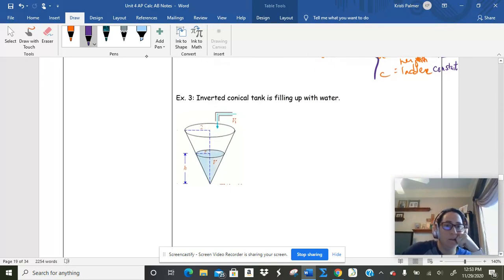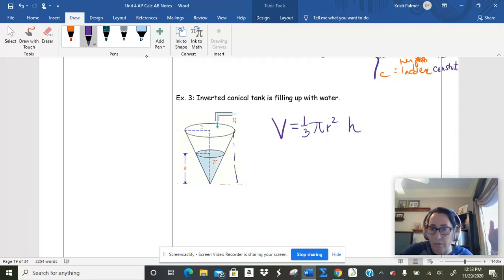Okay, so this next one. The volume here, we take that pi r squared times the h, just like we did with a cylinder, but now, since it's a cone, we divide it by 3, which I like to pull out as the coefficient in front for when we do derivatives with the power rule. So here's my volume formula for this.